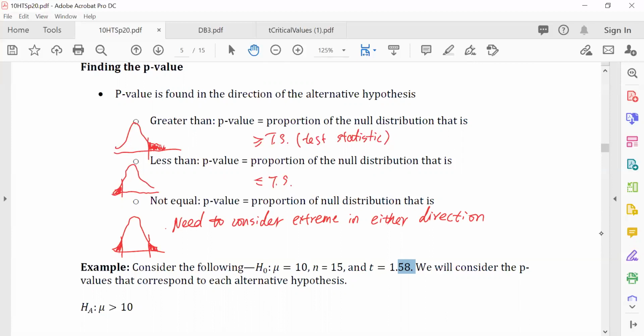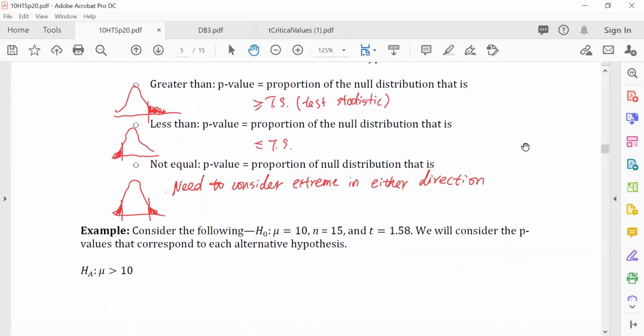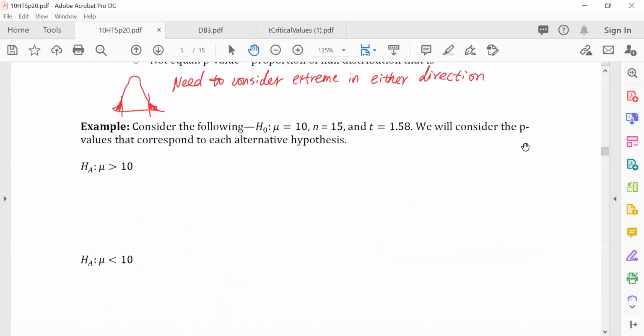So if you are a little bit confused about what's going on here, let's take a look at an example. Now, suppose you are given that the H null is mu, n is 15, and the t test statistic you calculated from the sample data that's given to you is 1.58.